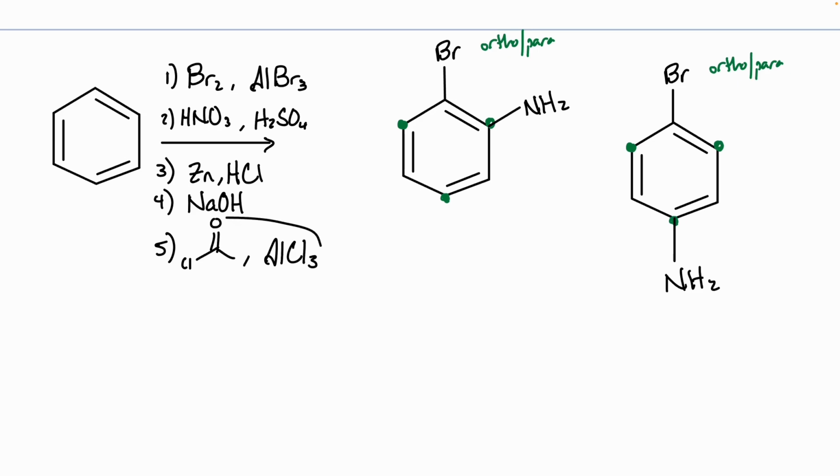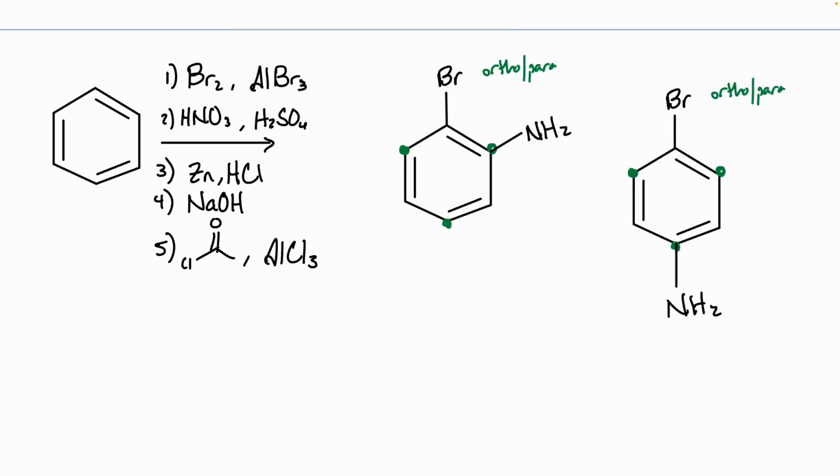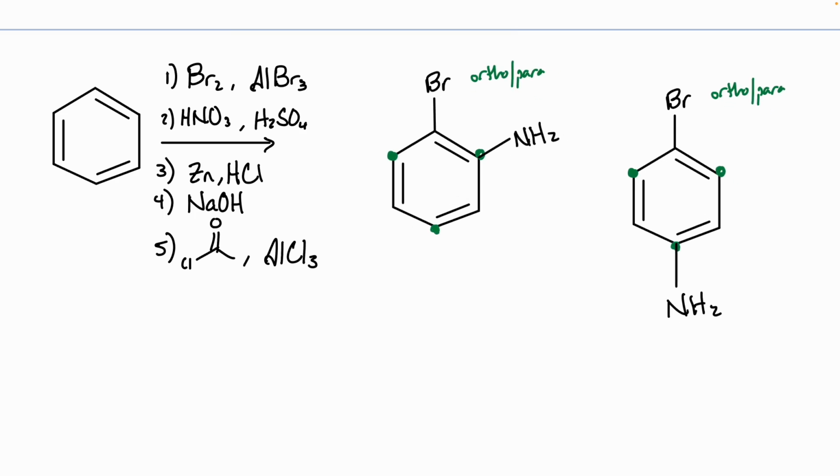So then my last step here is an acylation reaction, but I gotta look. I have my bromine that we established was an ortho-para director, so it wants to direct to those green positions. That amine group is what? Also ortho-para. So it wants to direct to its ortho and its para group.